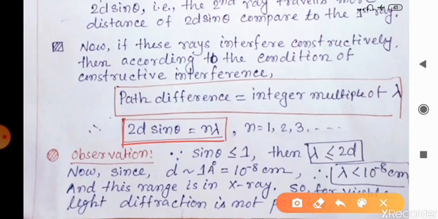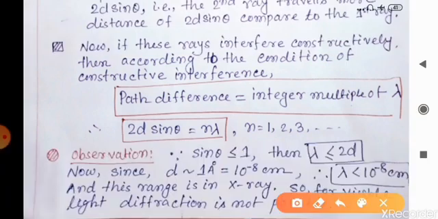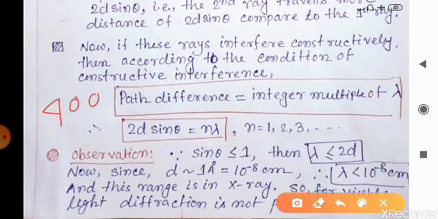So the wavelength should be less than 10 to the power minus 8 centimeter to achieve the Bragg condition. But this range is only possible if we use X-rays, because the wavelength of visible light is more than 10 to the power minus 8 centimeter. If we take the visible range, it is 400 nanometer to about 800 nanometer.